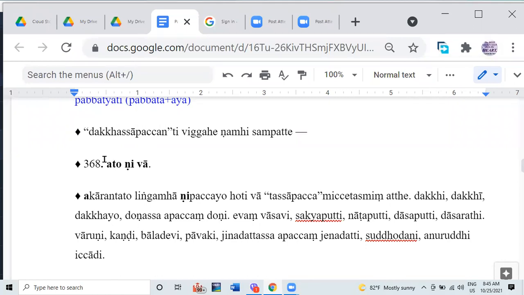Only after Daka, Nasa is added. So Daka has the sense of genitive, and Nisa, etc., has the sense of apaja, etc. That means Daka plus Nisa. So at that stage, we continue to explain to form Daki like this.